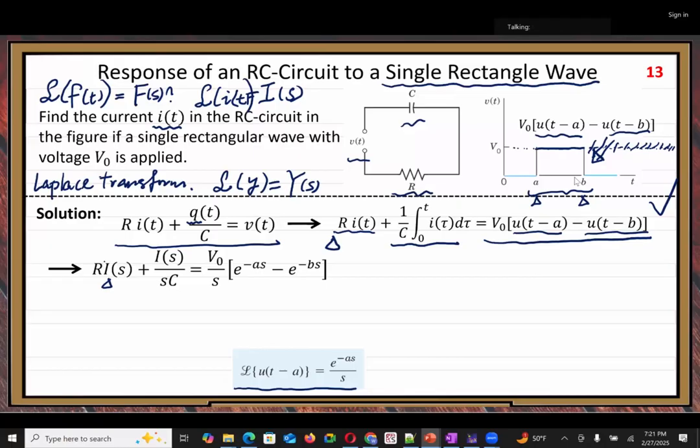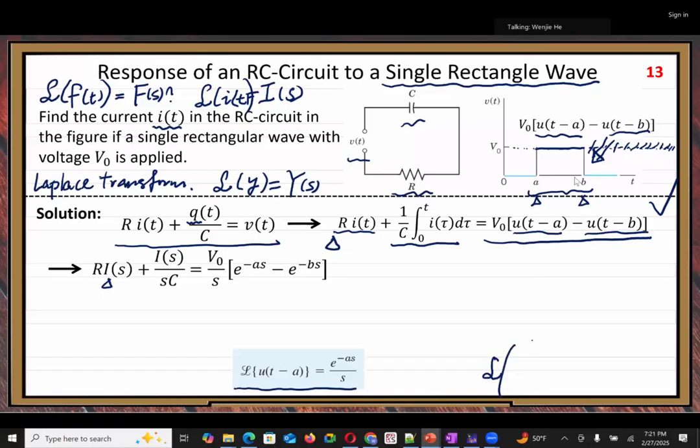Then, how about the second term? We apply the Laplace transform. Remember, we have the Laplace transform of the integral formula. I didn't copy it here, but I can write it easily. Let's recall.